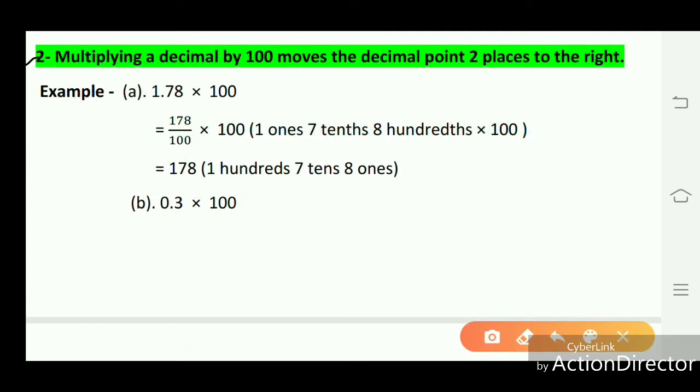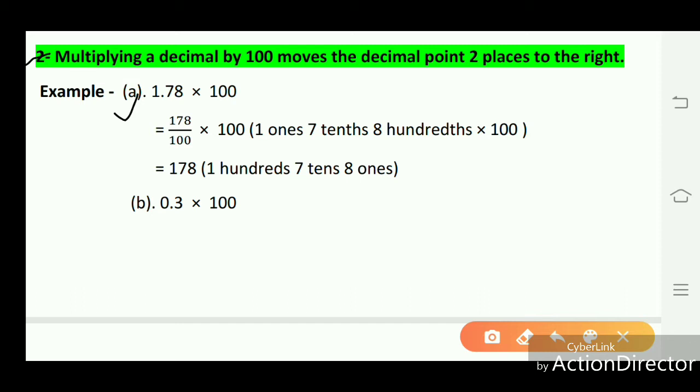Now number 2, multiplying a decimal by 100 moves the decimal point 2 places to the right. Example A: 1.78 multiplied by 100. 1.78 has 2 digits after the decimal. The last digit is in the hundredths place.